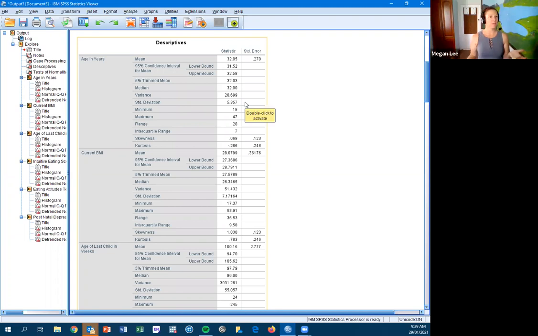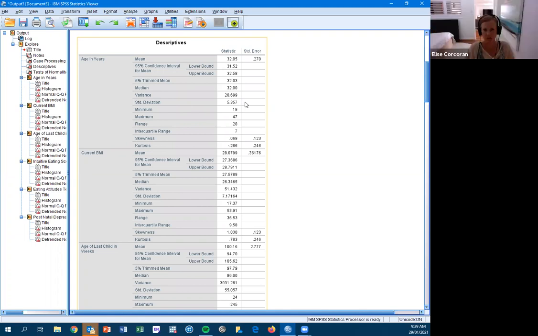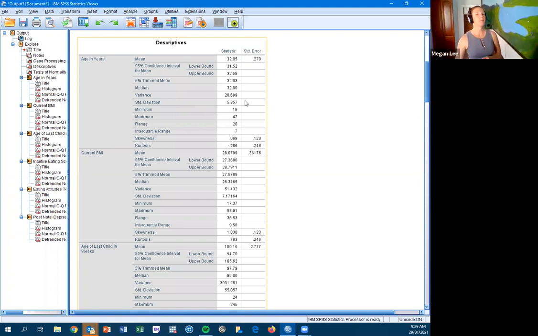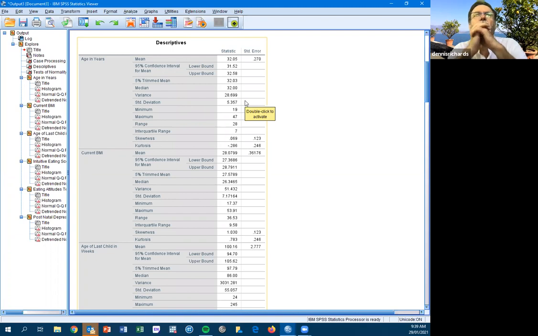So on average, the women in our data set range between, say, 27 and 37, which is interesting considering, what's our, yes? It's also a group of women who have taken time to get higher education. So they've put off having kids for three years.